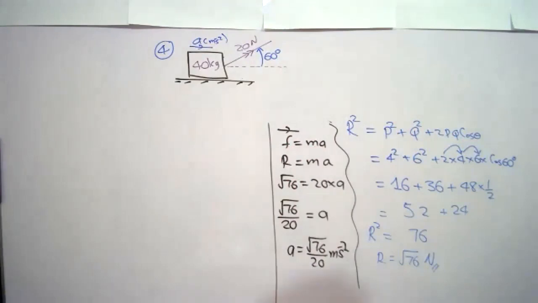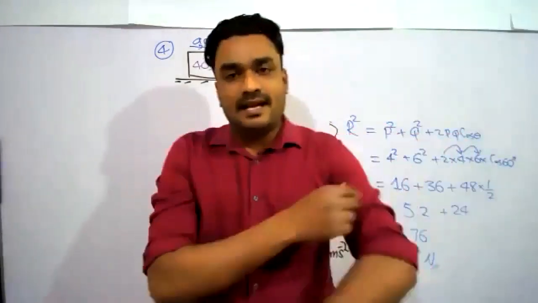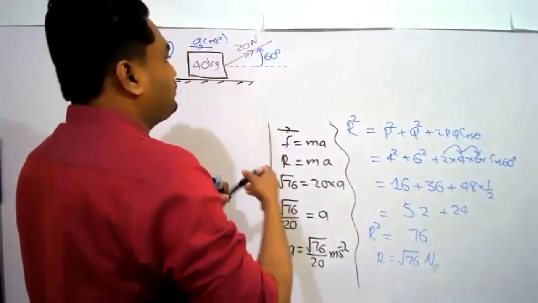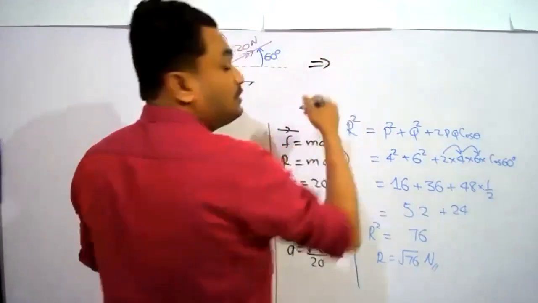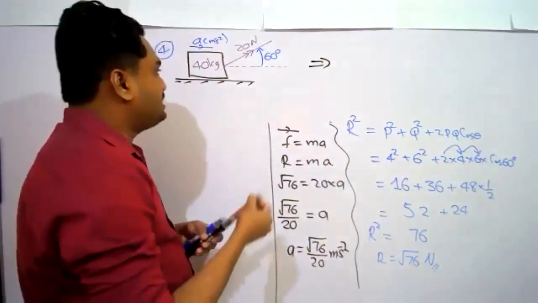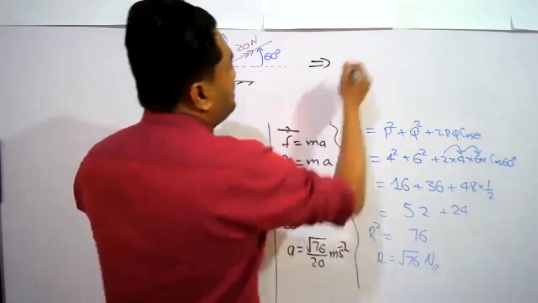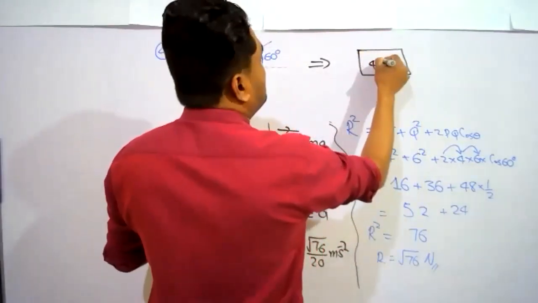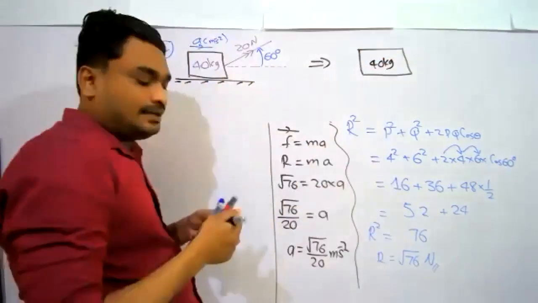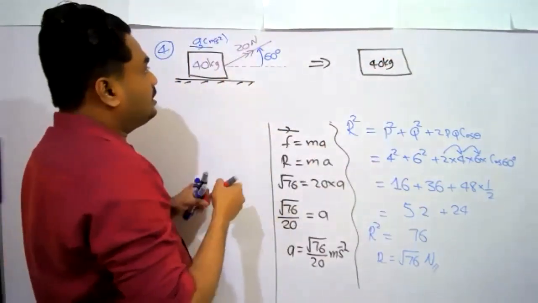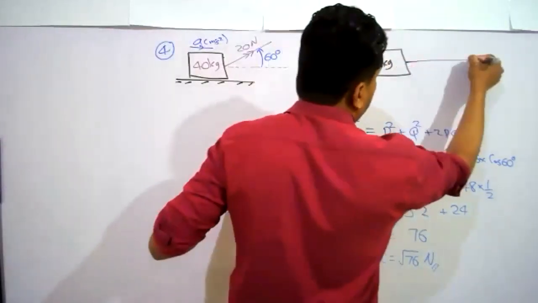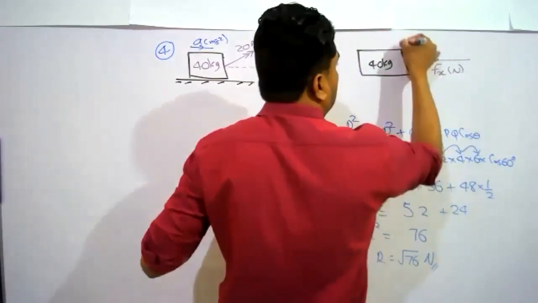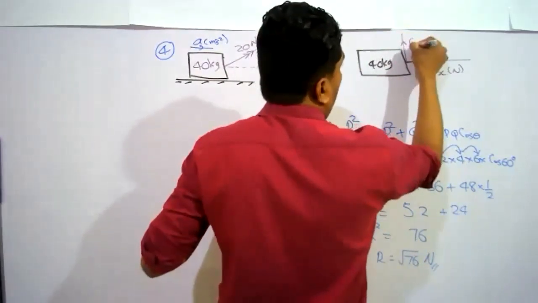Right. Now we use the theory that we learned last week, resolving a vector into two components. A force is a vector, right? A force is a vector. So let me divide this 20 Newton force along two perpendicular directions, saying Fx Newton and Fy Newton.